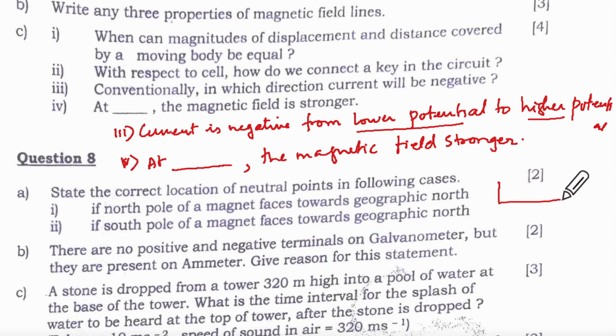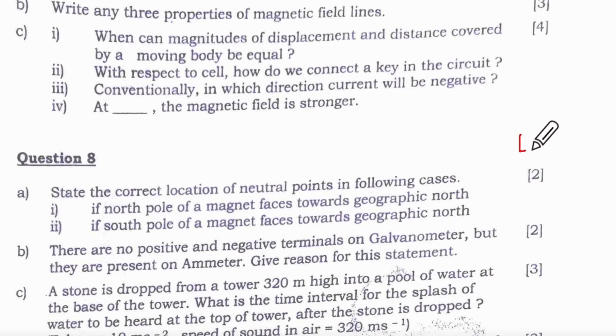So if we are talking about the normal magnet, then there will be many lines over here. So this part will be magnetic field stronger. This also will be magnetic field stronger. And here in between will be weaker, right? So what we will say, at poles. And if you wish to show the diagram, then you can show this is north and this is south. So there will be many lines like this. Can you see that? Yes, ma'am.